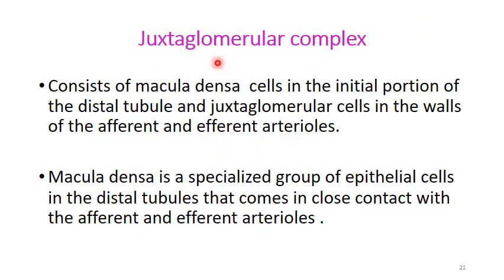So, the juxtaglomerular complex consists of macula densa cells in the initial portion of the distal tubule and juxtaglomerular cells in the walls of the afferent and efferent arterioles. And macula densa is a specialized group of epithelial cells in the distal tubule that comes in contact with afferent and efferent arterioles.